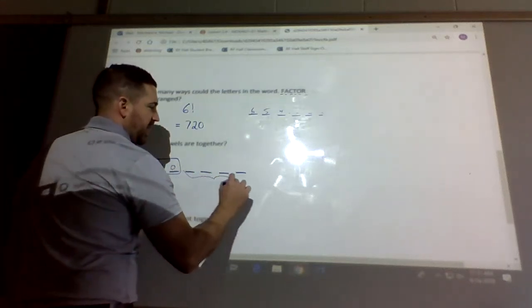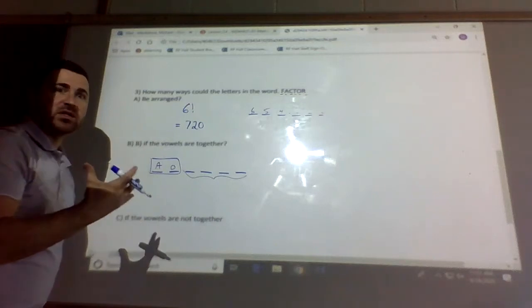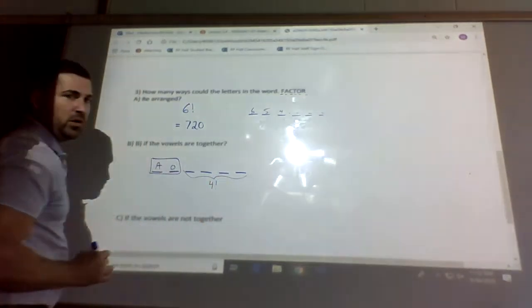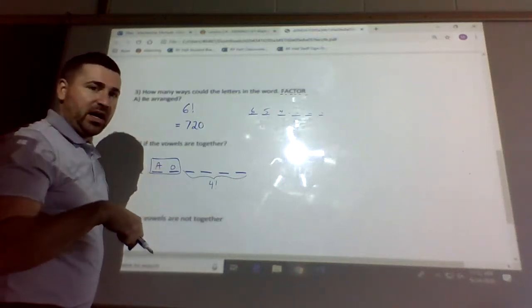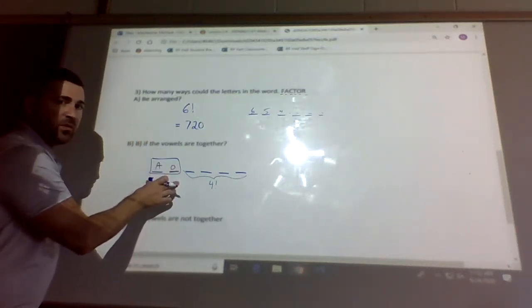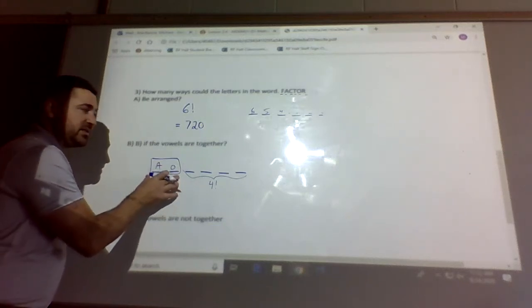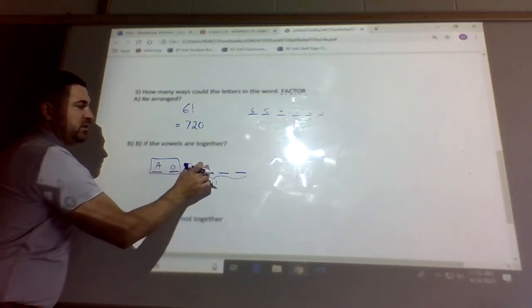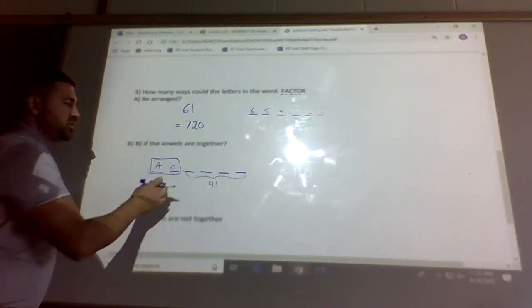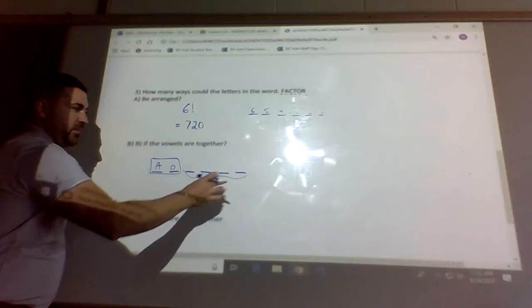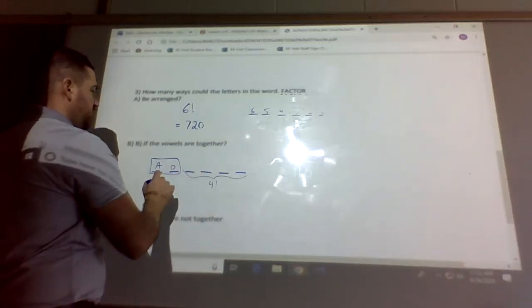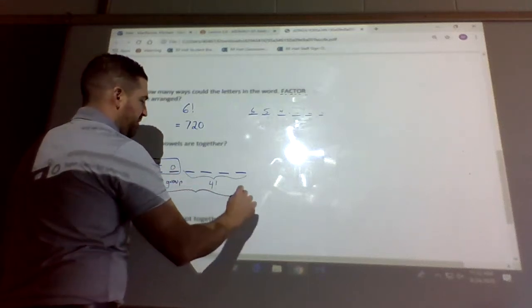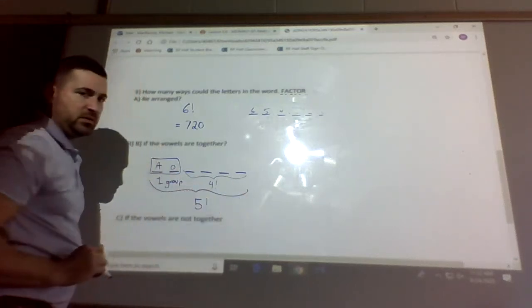Then we have the other 4 spots, and the consonants can move any which way they want. So the consonants are 4 factorial. But in 2.3, I also told you that the vowels are one group. That one group can move in any spots together. So they can move here, here, here, here, or here. So we have one group and 4 factorial, so that makes it 5 factorial.